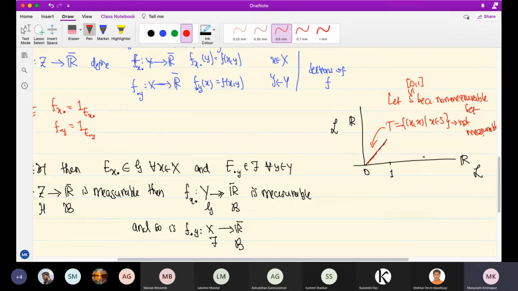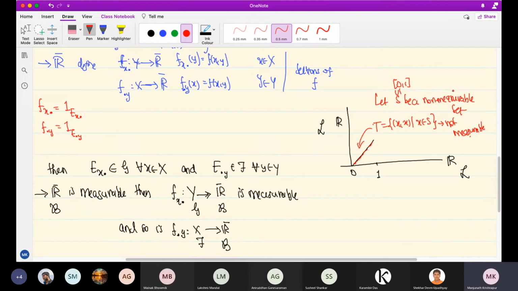Sorry, that's not correct. What am I saying? Because it is actually measurable, since it has 0 measure. I should take something which is not a Borel set. So maybe I should take the Borel sigma algebra.